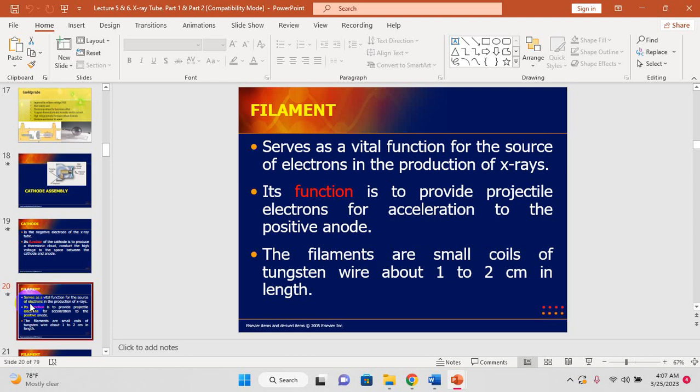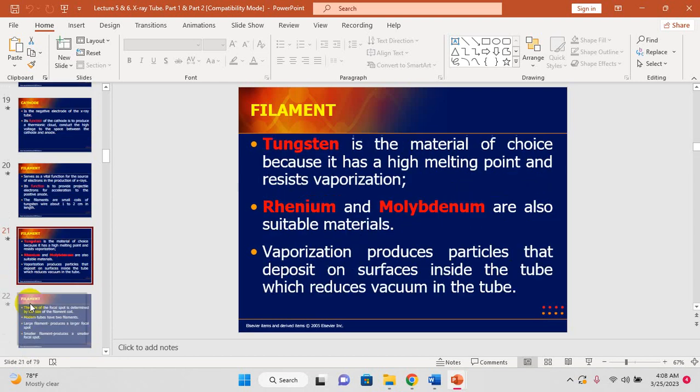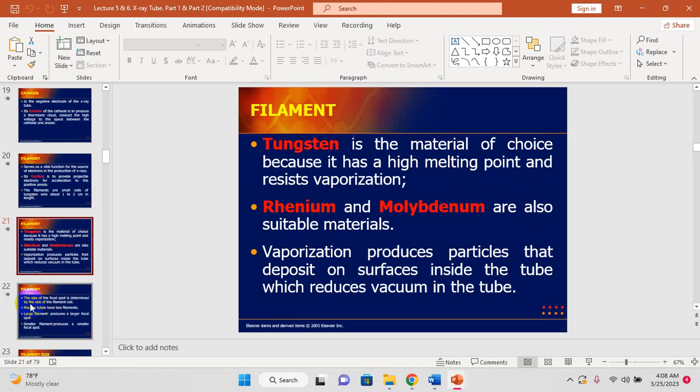The filaments are almost coils of tungsten wire, about 1 to 2 cm in length. Filament is made of tungsten, and this is the material of choice because it has a high melting point and it resists vaporization. Ang pinakamataas na melting point is the tungsten.